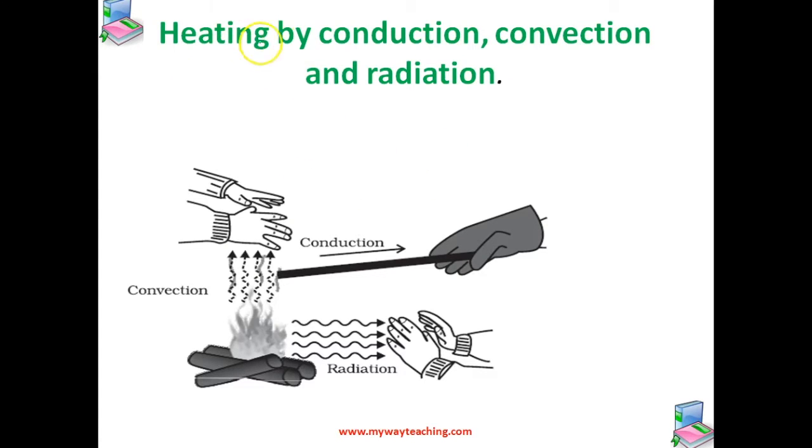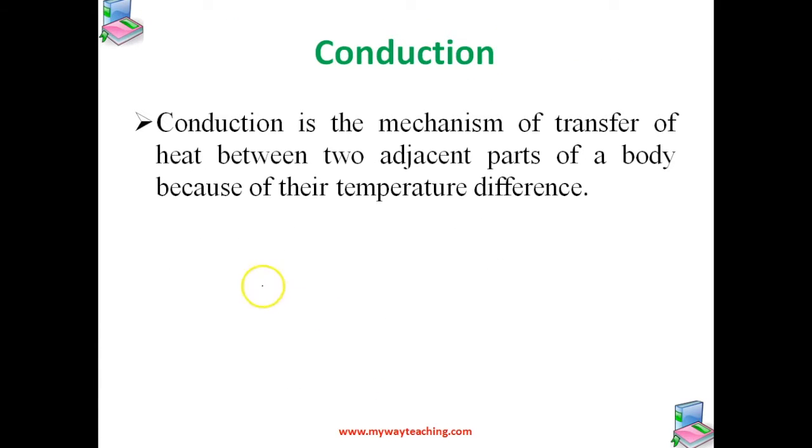That is heating by conduction, convection, and radiation, as you can see in this figure. So, this is heating by conduction, heating by convection, and heating by radiation. Now let us study the first one, that is heating by conduction.